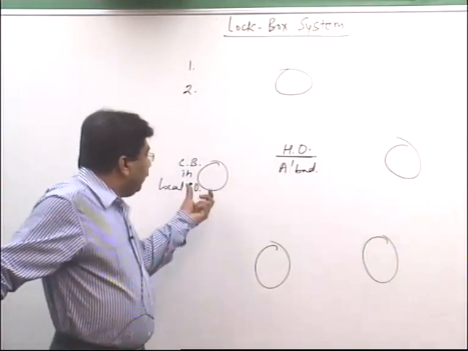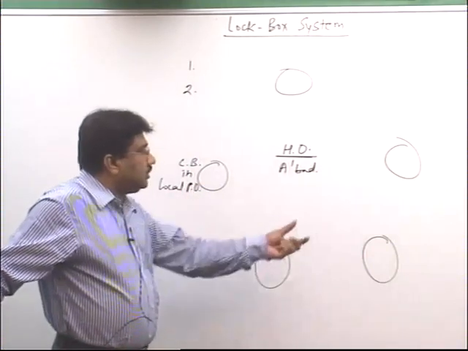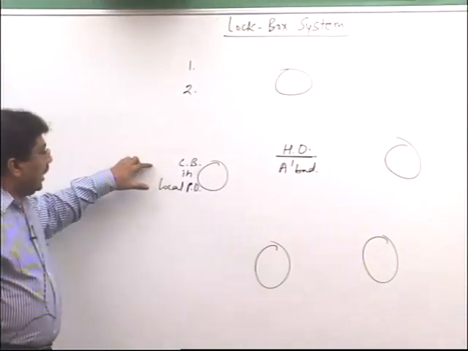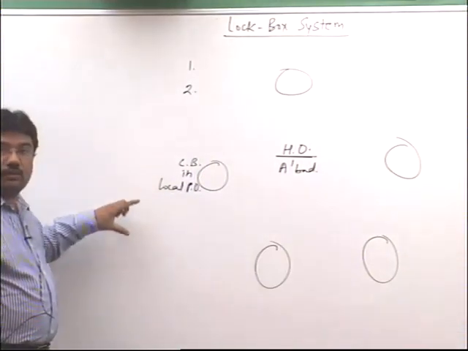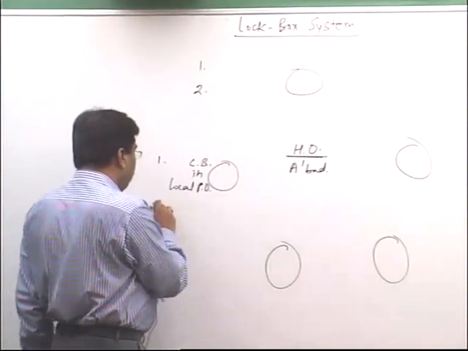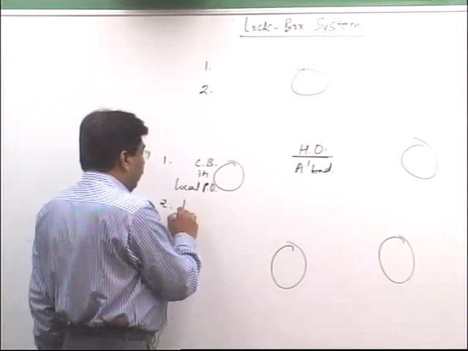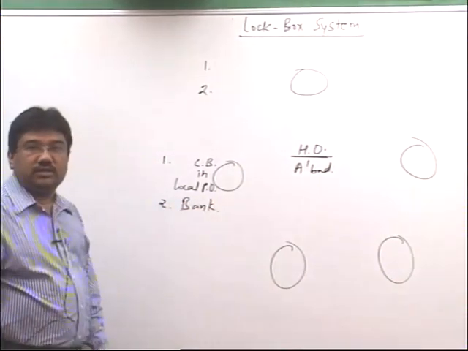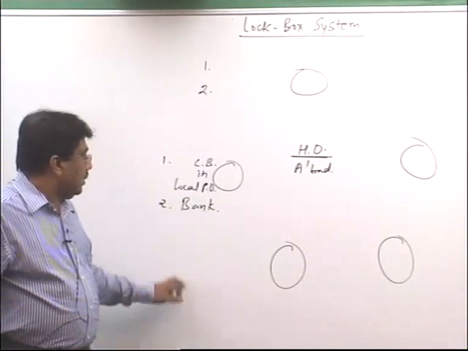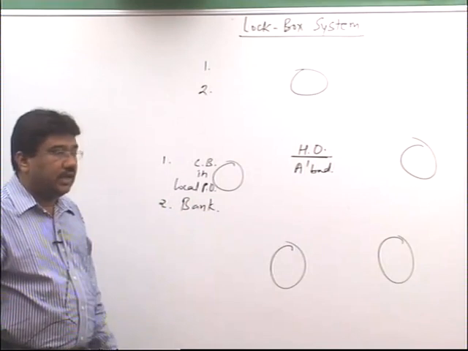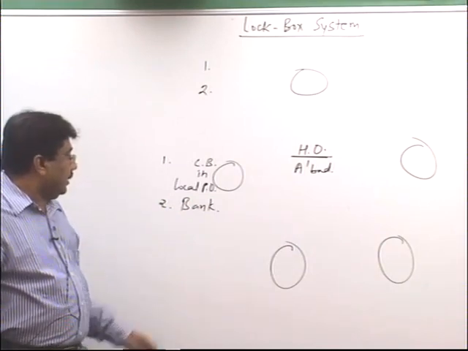So the company will open logboxes at various centers or cities, and it will hire those logboxes in the local post office. Second step is, wherever logboxes are hired, the company has to open a bank account in those cities where logboxes are hired. So modus operandi more or less remains the same, just like concentration banking.